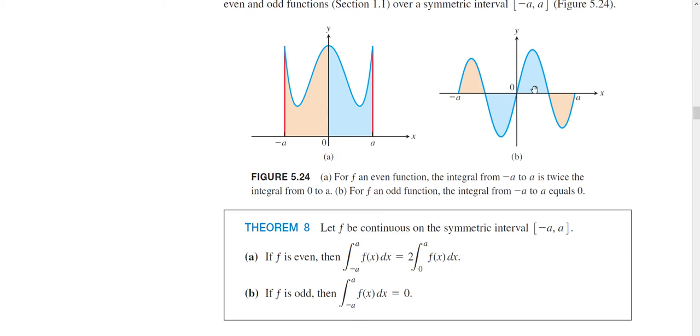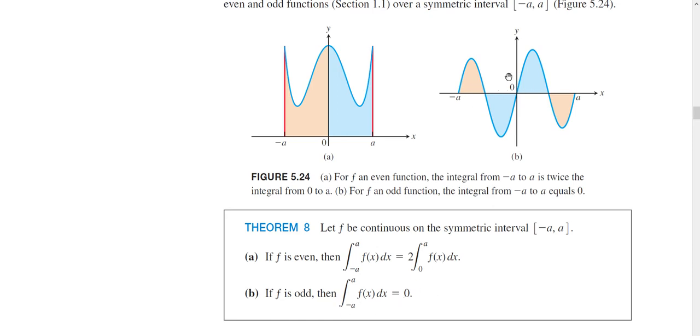Now in this case, the function is an odd function, so this portion gives us positive area, and this gives us negative of the area, and similarly this is positive and this is negative. So in total, when we integrate this function from minus a to a, its integral will be 0, right?